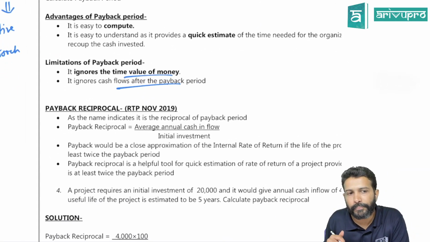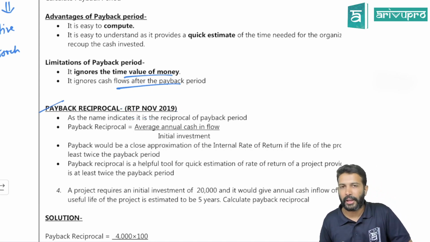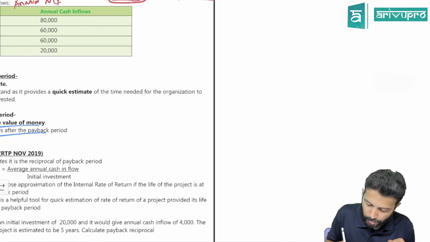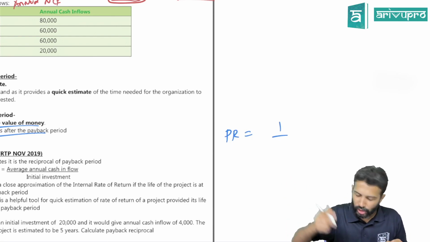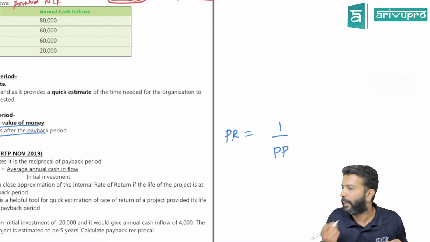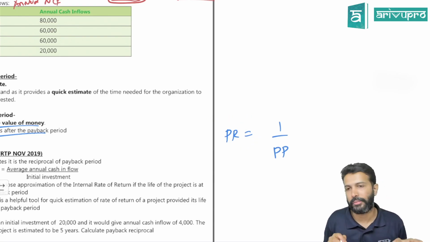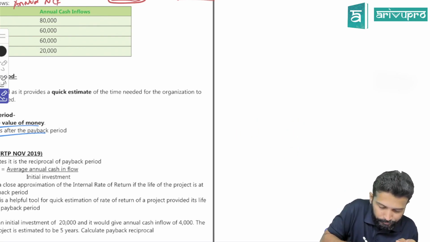Next one. Payback reciprocal. It was asked in one of the RTPs. The name itself is saying payback reciprocal. So payback reciprocal will be given by the formula. Reciprocal means ulta, no? So if you do 1 divided by payback period, you're going to get something known as payback reciprocal.